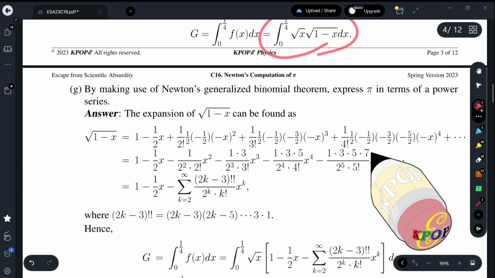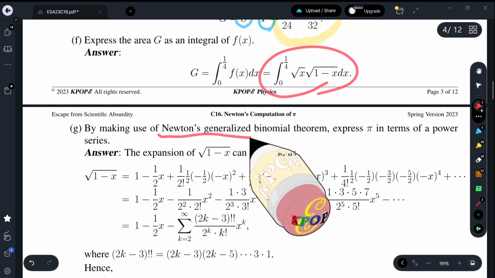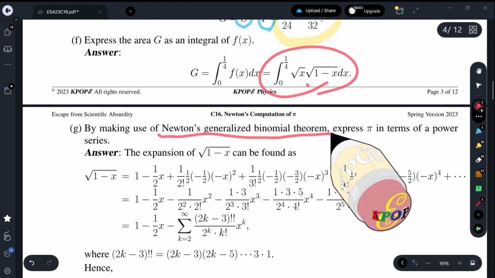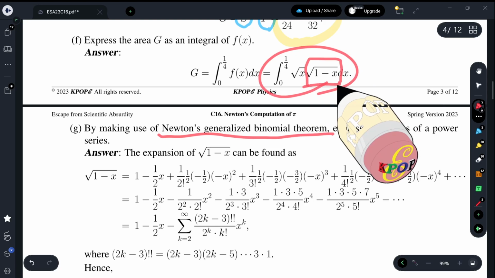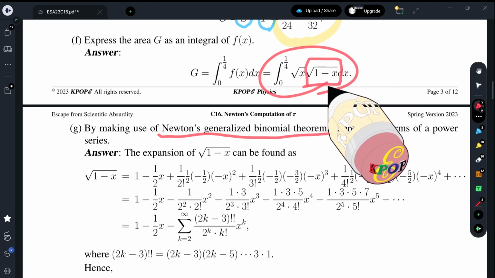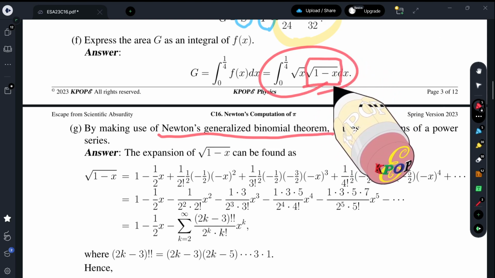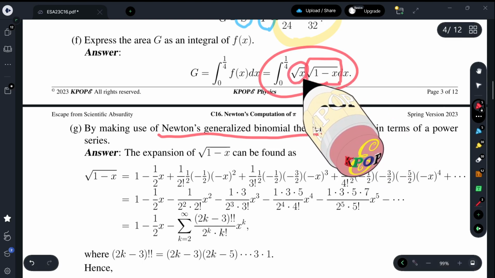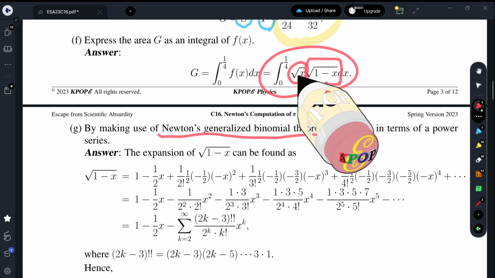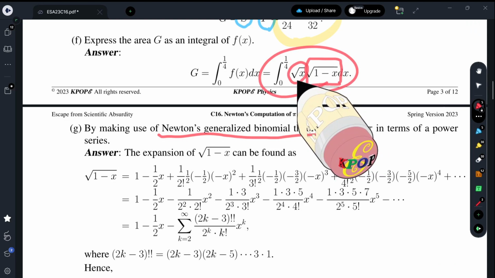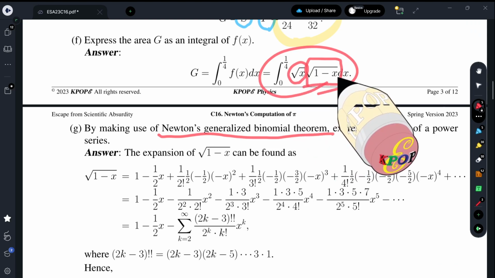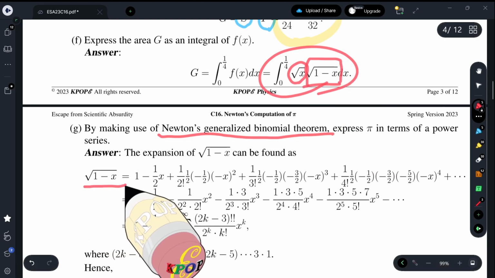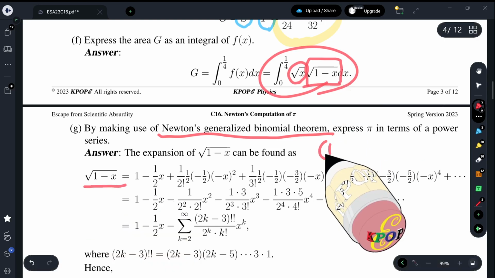If I make use of Newton's generalized binomial theorem, I can expand this square root in a power series of x. The reason is that I have a square root of x that is rather simple in comparison with this. So I make use of the binomial theorem.